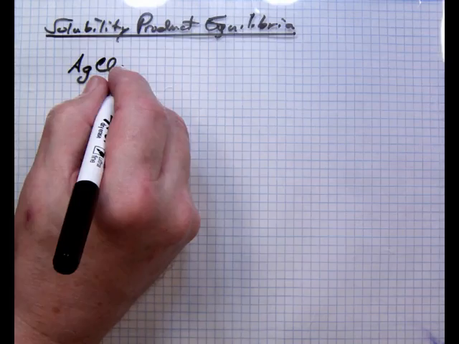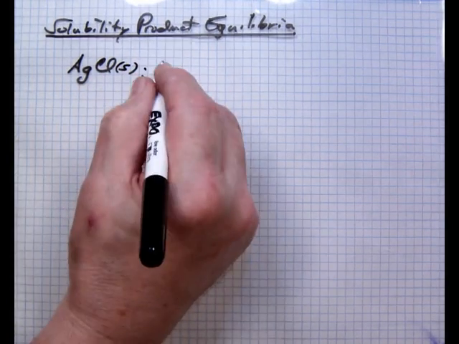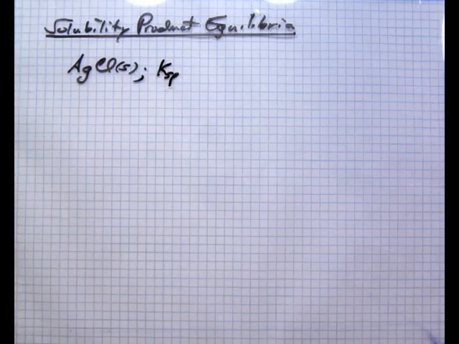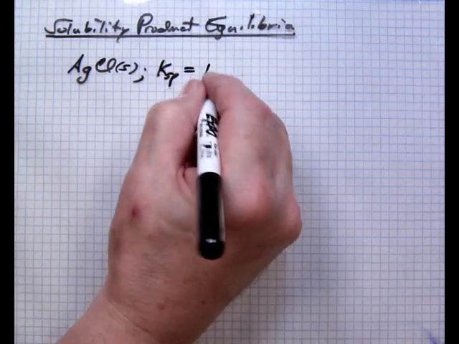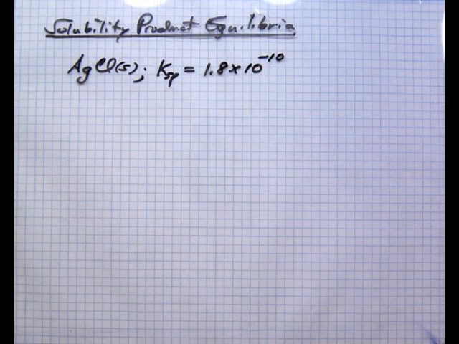Silver chloride, a solid, has what we call a Ksp value of 1.8 times 10 to the minus 10. The K value indicates extent of reaction, in this case, extent of dissolution or dissolving.